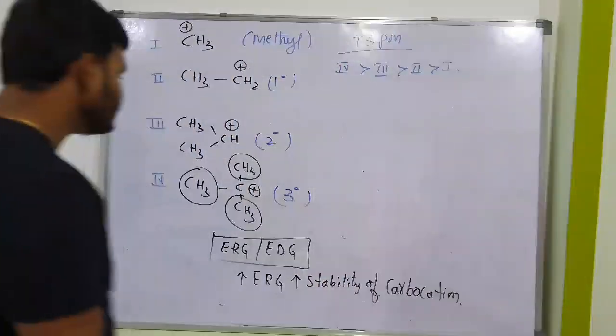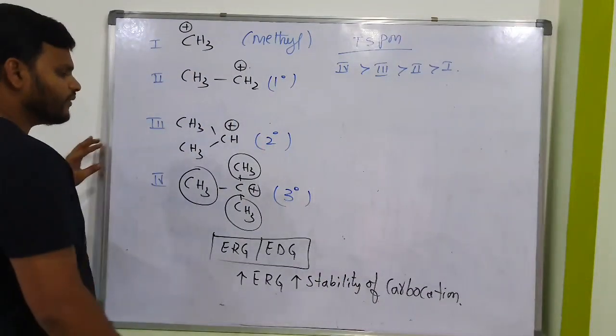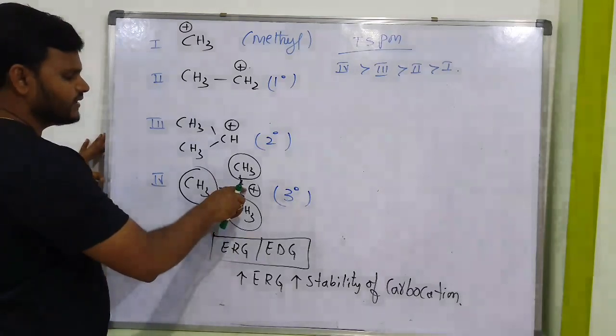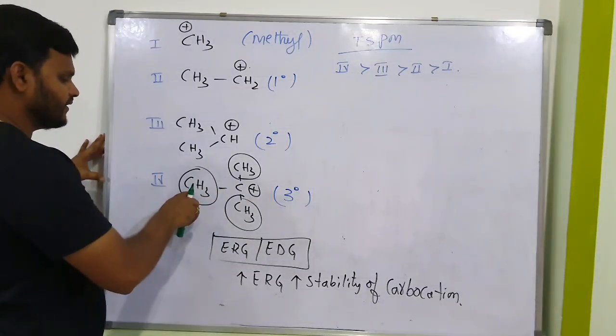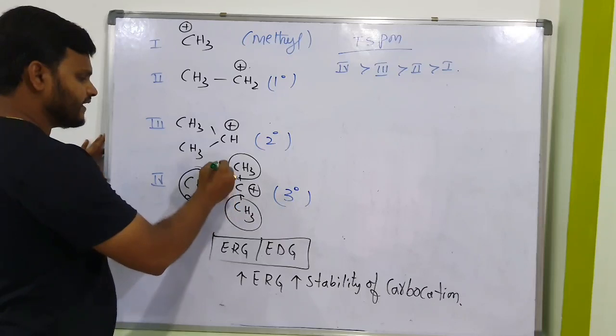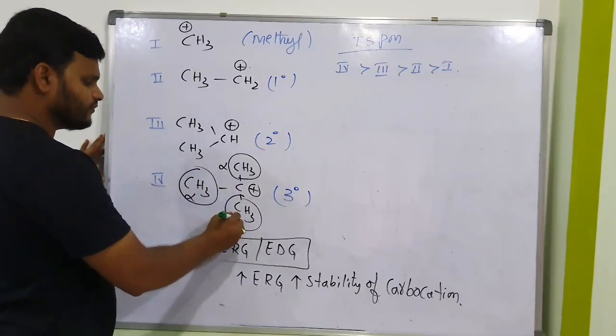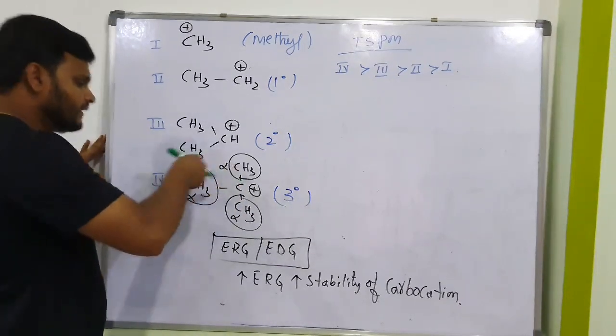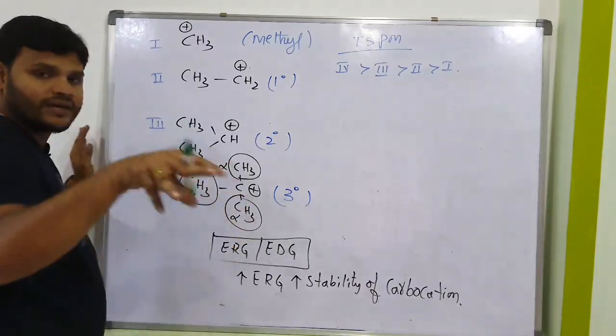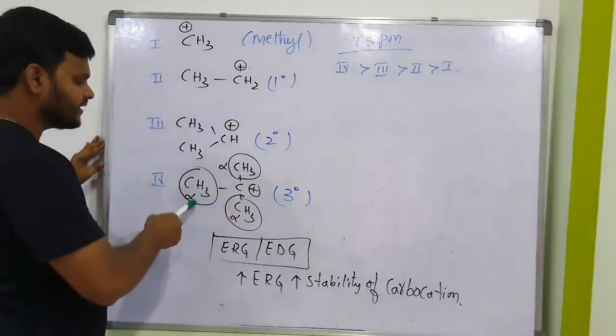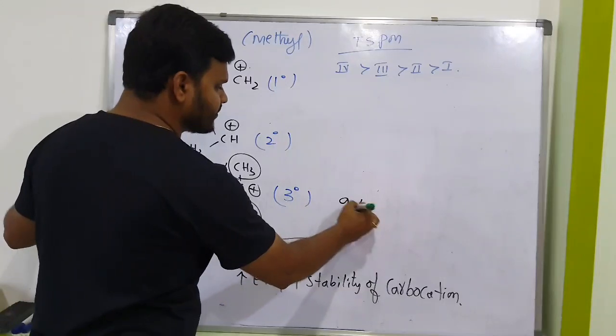So according to the hyperconjugation concept, C plus is attached to one alpha carbon, one alpha, one alpha. So how many alpha hydrogens does this particular structure contain? 3, 3, 3, total 9 alpha hydrogens.